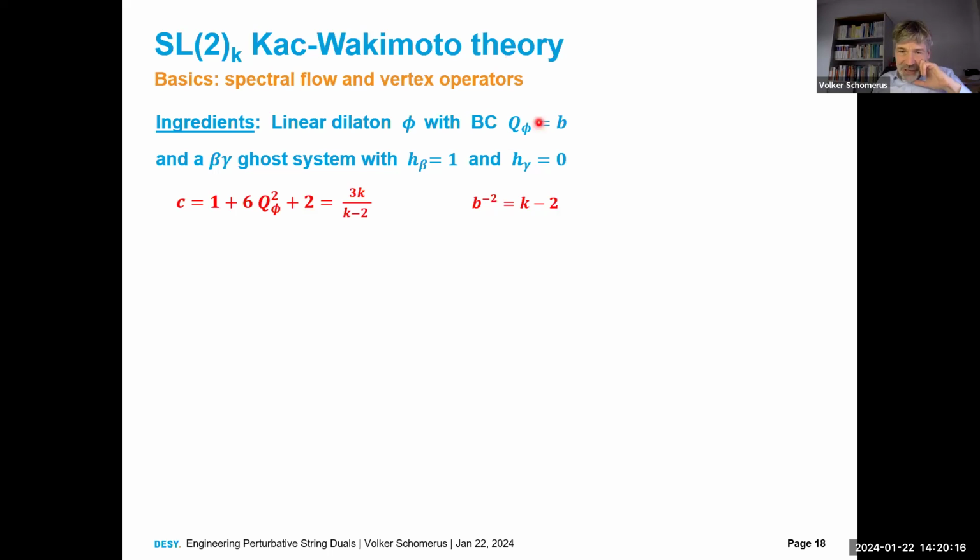It has a different central charge given just by B. Remember the one before had B minus 1 over B. And a beta gamma ghost system, which has central charge 2, with these choices of weights. And so the total central charge of this theory is given by 3k over k minus 2. Recall B minus 1 was k minus 2.